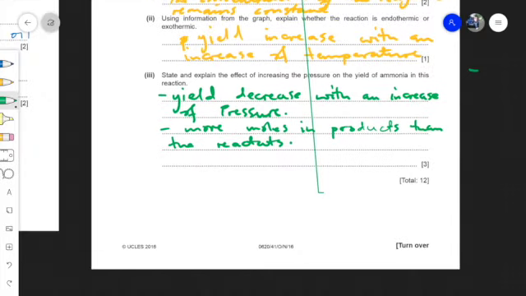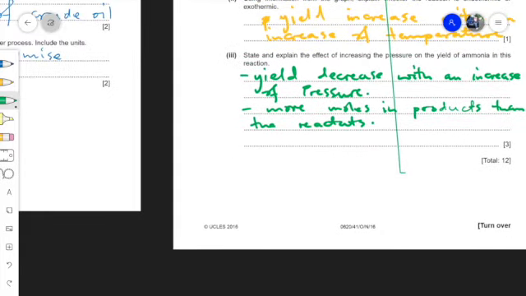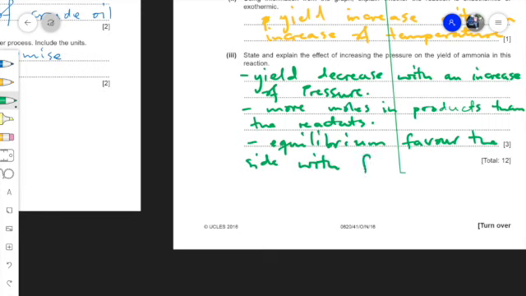And the last bit is that the position of equilibrium will favor the side with fewer moles. So that will be your answer.